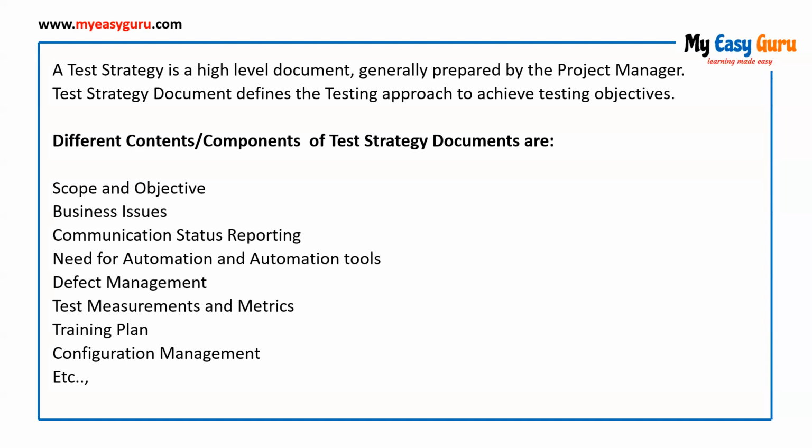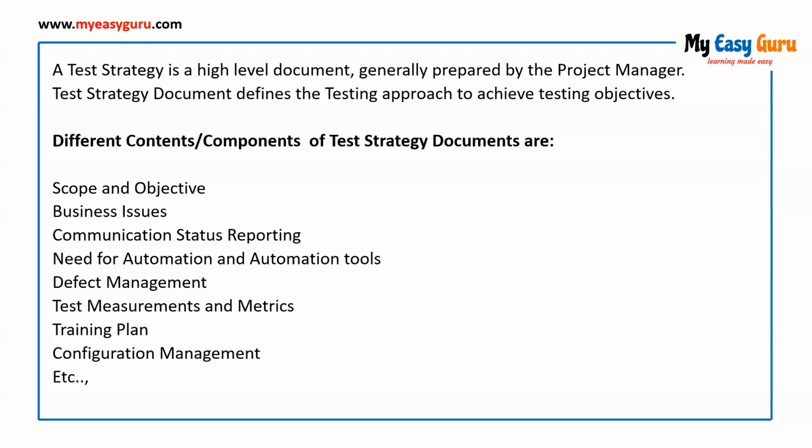Now, as we have discussed the different contents of the test strategy documents, for example, scope and objectives. In this scope, it defines the parameters like who will review the document, who will approve the document.